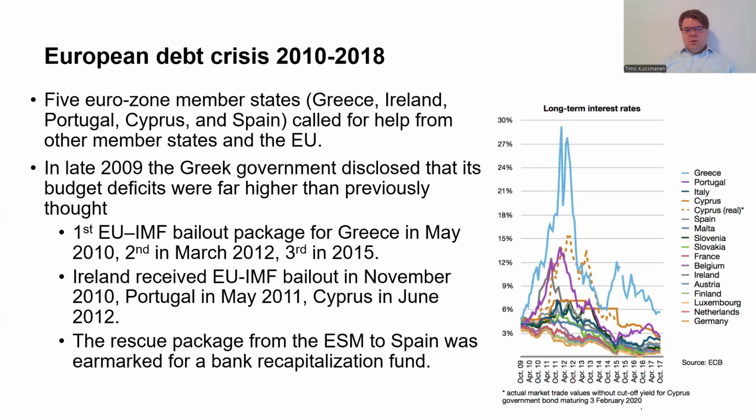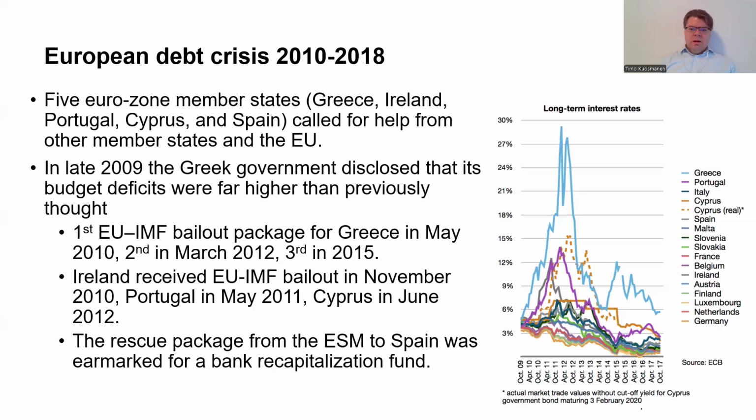The problems of Greece came to public in late 2009, and then the first bailout package was organized in May 2010. So there was almost half a year of uncertainty about how this crisis would be resolved.